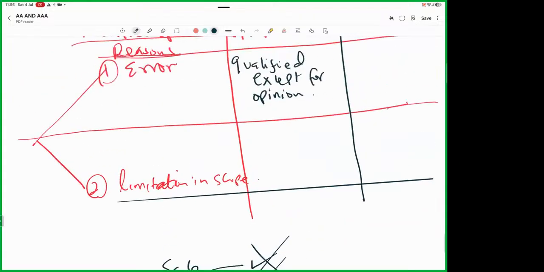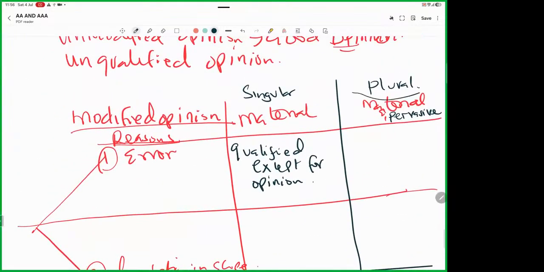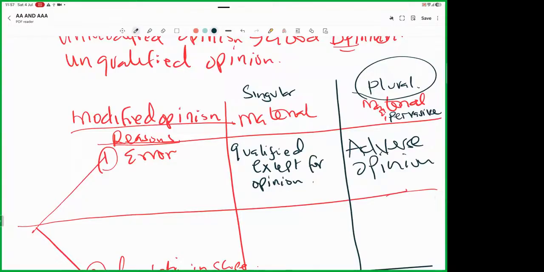If the errors are material and pervasive, they are plural, then you issue what we call an adverse opinion.